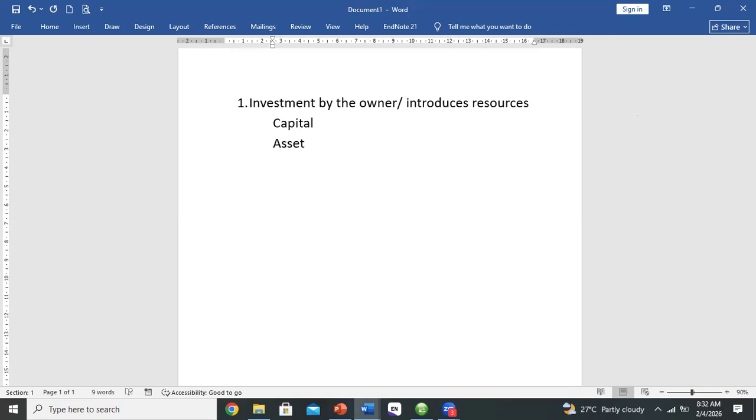You normally credit the capital and then debit the assets. But it depends, the asset could be cash, it could be bank, or it could be a vehicle. Now the second transaction we saw is when the business buys an asset.